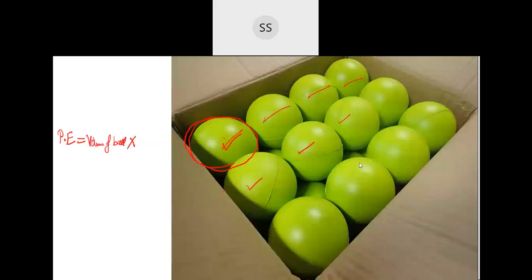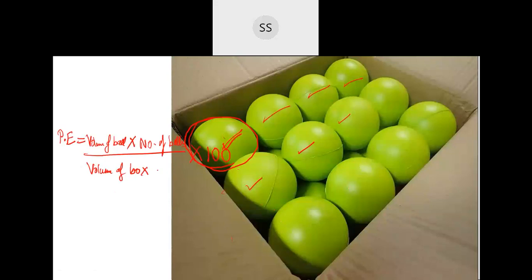That will give you the volume of balls, divided by the volume of the whole box. Since we are calculating it out of 100, you will multiply by 100.